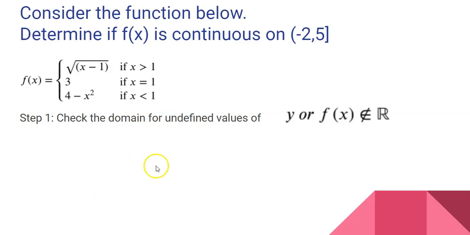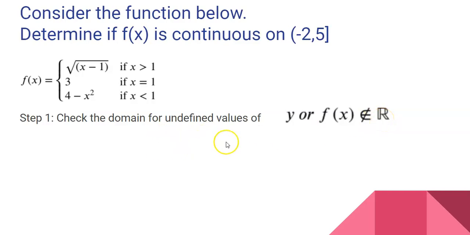To determine continuity on an interval, we need to ensure that every input x within the interval produces a corresponding output y or a function value f of x that is a real number.